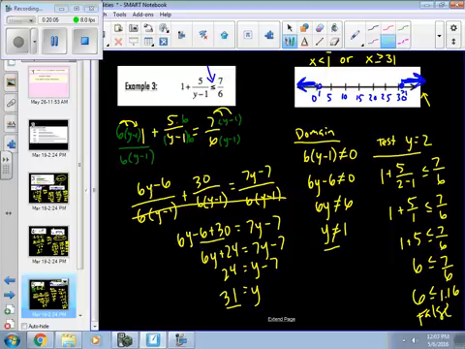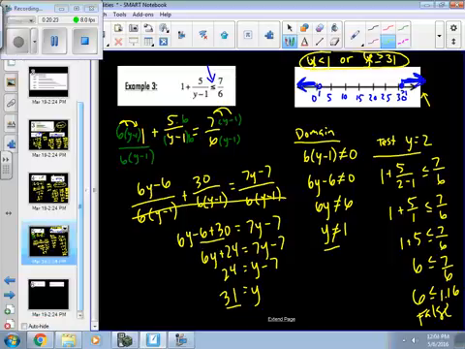So this one has two parts. If there's a part going out each way, then you write it with an or statement. Either y has to be less than 1 or y has to be, sorry, we should be using y here. y should be greater than or equal to 31.